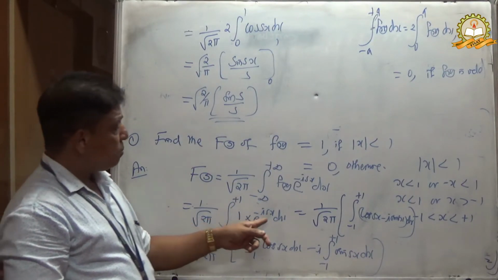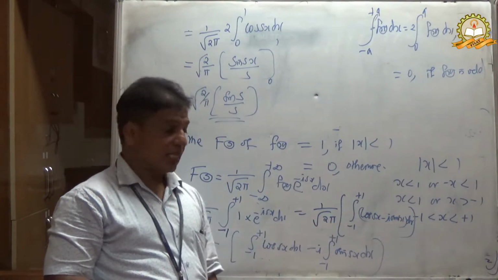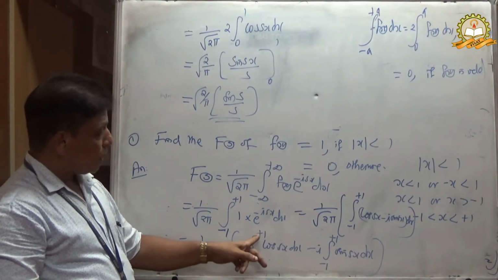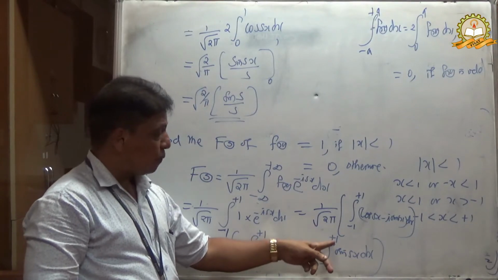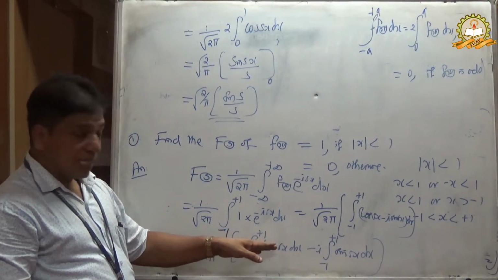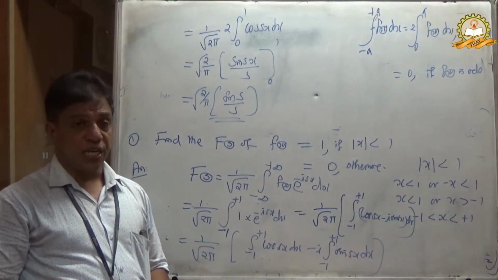Then e raised to minus isx can be taken as cos sx minus i sin sx dx. 1 by root of 2 pi, integral minus 1 to plus 1 cos sx dx minus i into integral minus 1 to plus 1 sin sx dx. Before we integrate, we can apply one property of the definite integral.